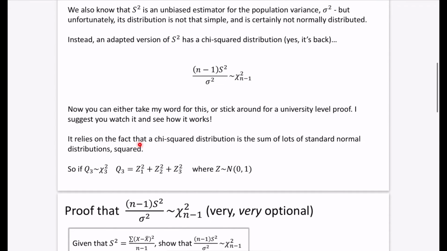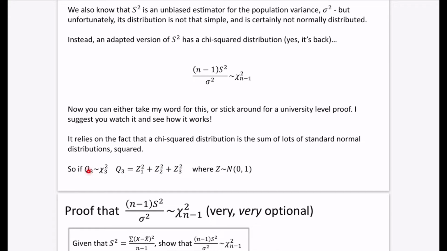It's going to rely on the fact that a chi-squared distribution is the sum of lots of standard normal distributions squared. Now, if you watched my introduction videos on the chi-squared distribution for Further Stats 1, you will remember this. I talked about taking a standardized normal distribution where the mean is 0 and the variance or standard deviation was 1, and we were squaring them and adding them up.